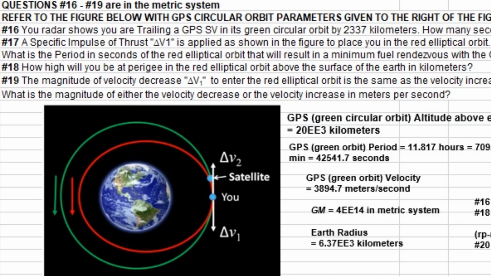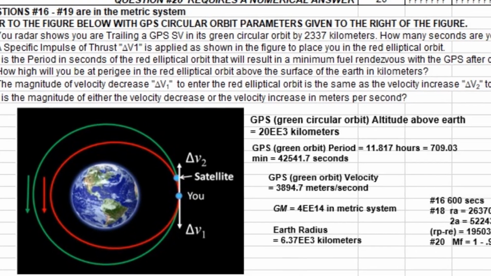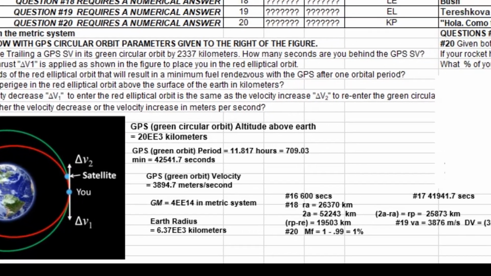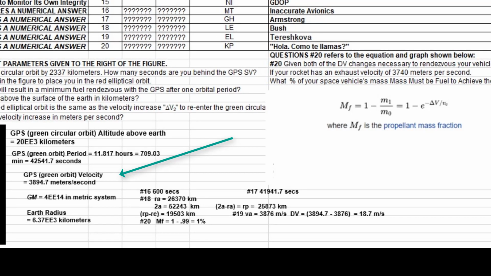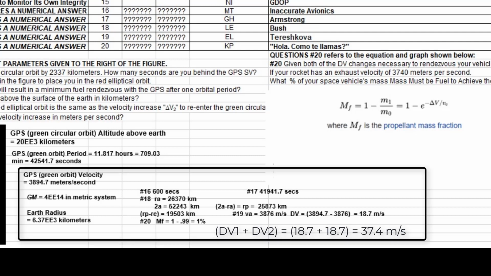Then once you have those velocities, you simply subtract from the velocity of the green orbit, and that would give you the delta V you needed to apply. Delta V1 to get into the red elliptical orbit, and then delta V2 to get back into the green orbit after you rendezvous with the ISS.